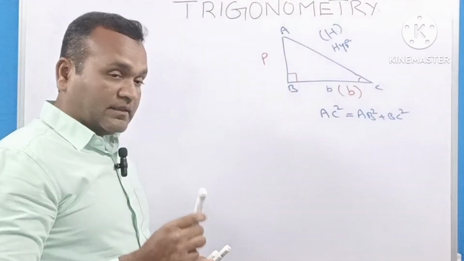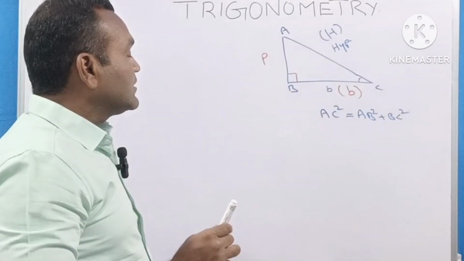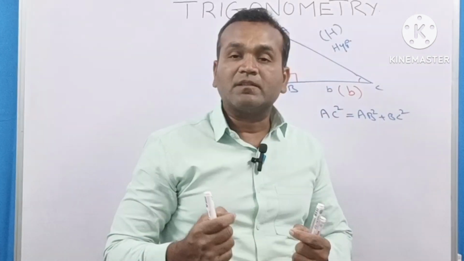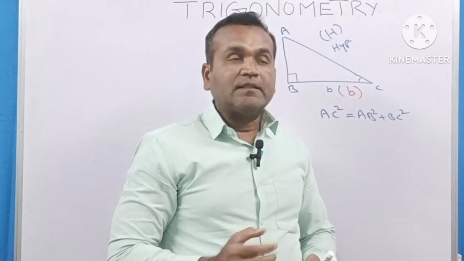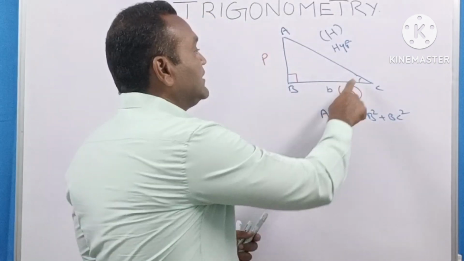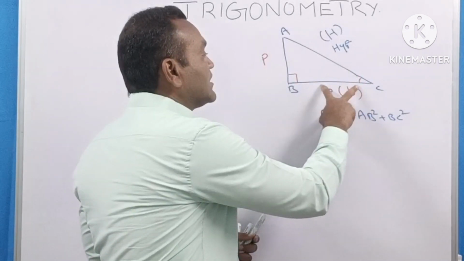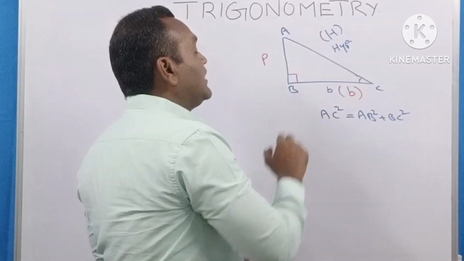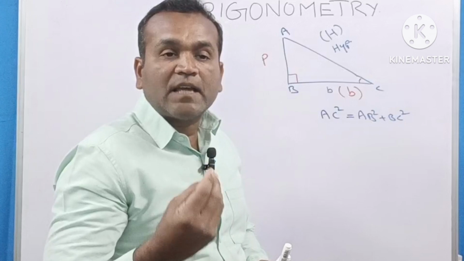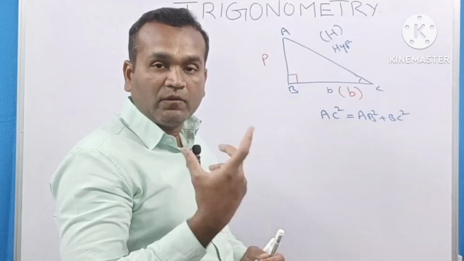Now in trigonometry, first we will see why we are studying trigonometry. Let's say this is the angle. If you know the angle and you know this distance, and you want to find this AB, consider this as a building or a tower.